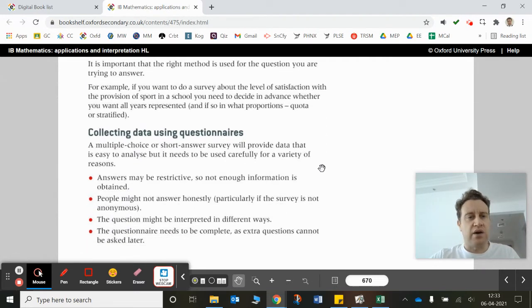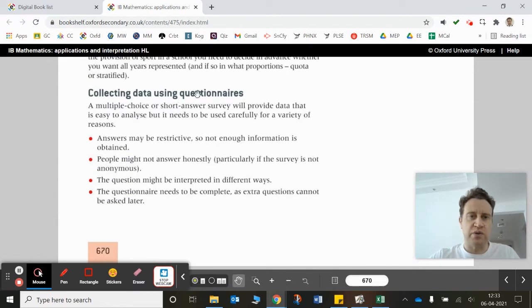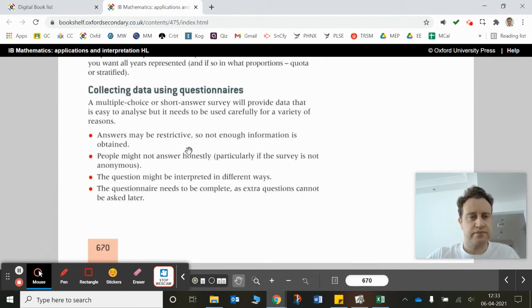Now they talk about collecting data using questionnaires. A lot of this is common sense. We're talking about questionnaires potentially having multiple choice or short answer surveys. Make sure that answers are not restrictive. Make sure that people answer honestly.